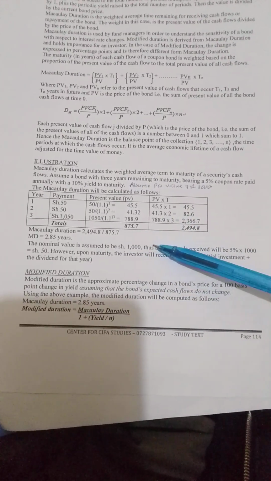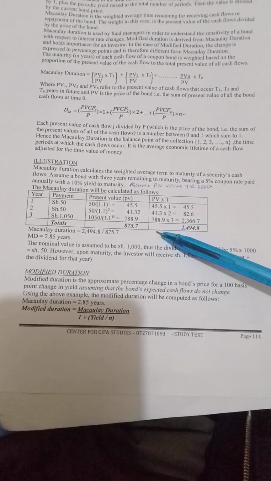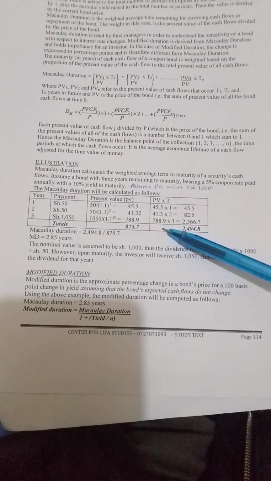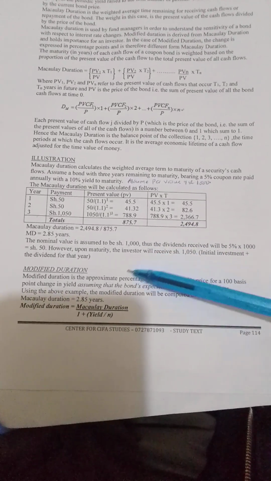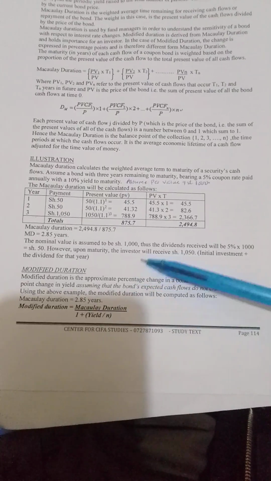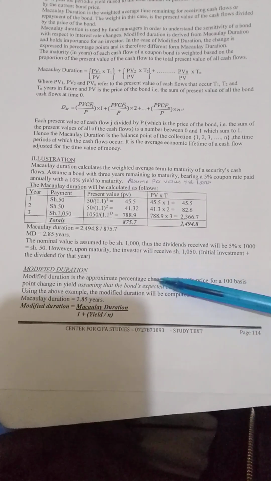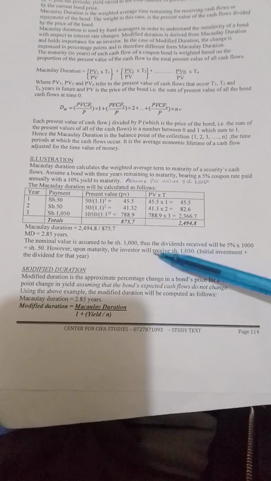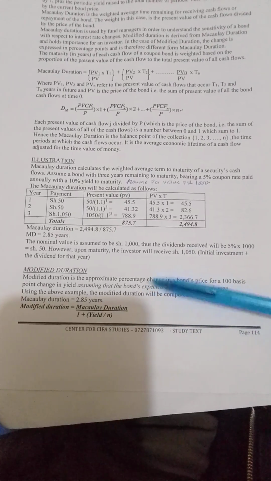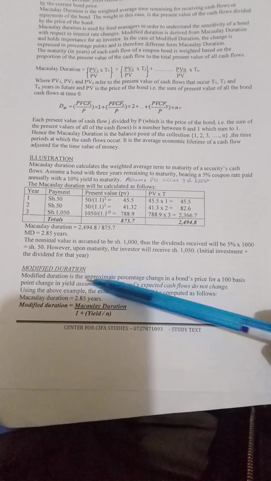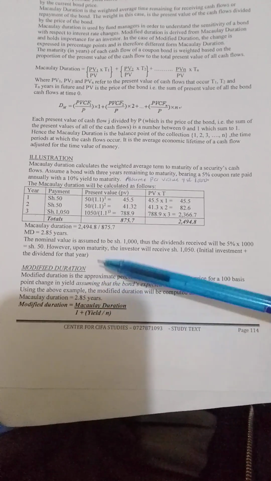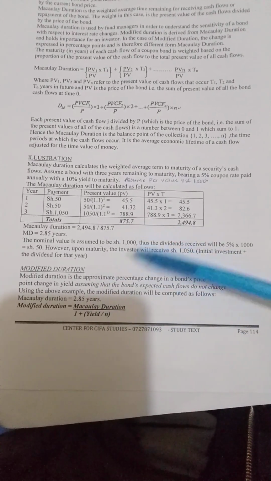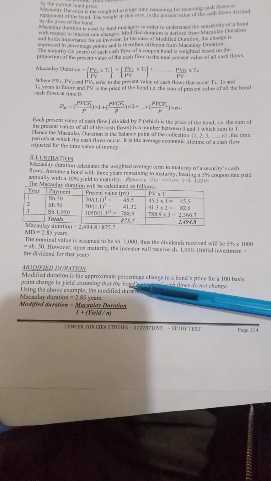If the interest rate changes, for example, from 10% to 11%, how will the price of the bond change? So the modified duration helps us to know the relationship between the change in interest rate and the change in price of the bond.